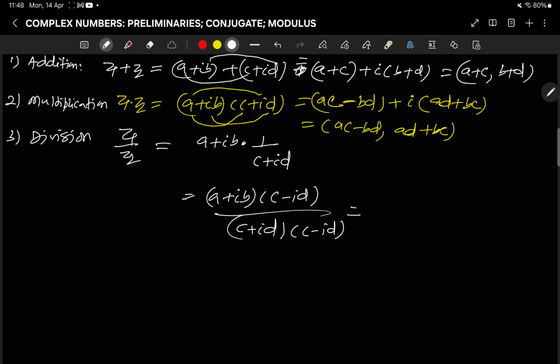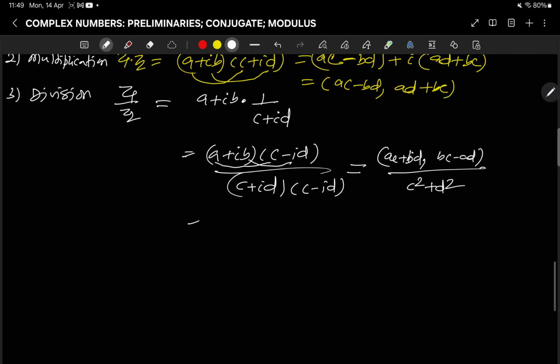Now in the denominator it is C square plus D square, and in the numerator it will be AC plus BD, comma, BC minus AD.